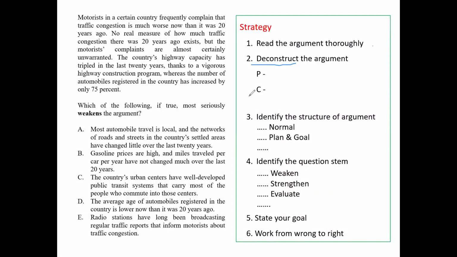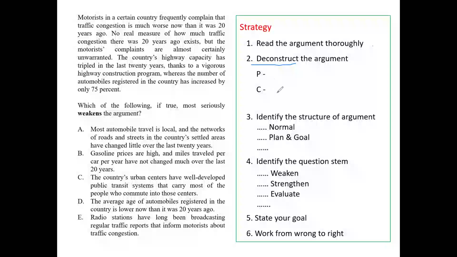Because while you are going through the options, how can you remember all this information and which point to be targeted, which point not to be targeted? You can't know that. So if I were you, I could have deconstructed the argument and written the premise and conclusions in the simplest forms in this way.